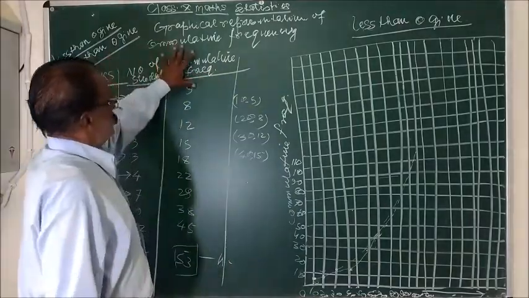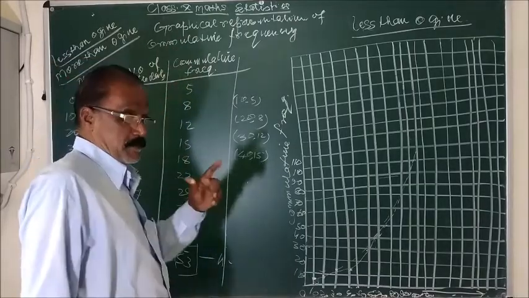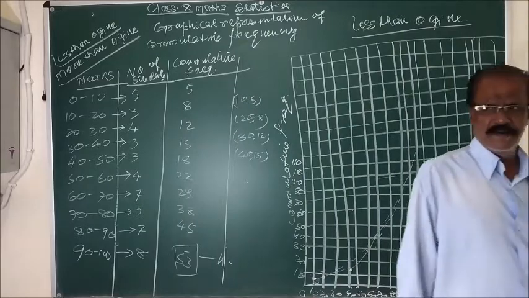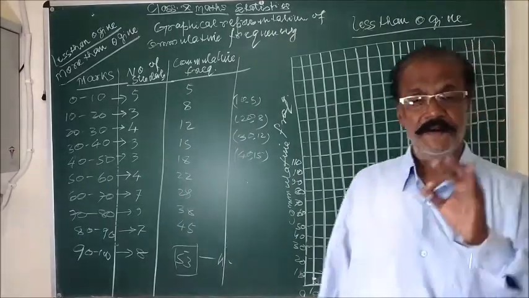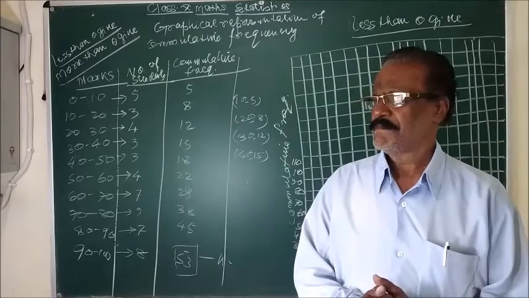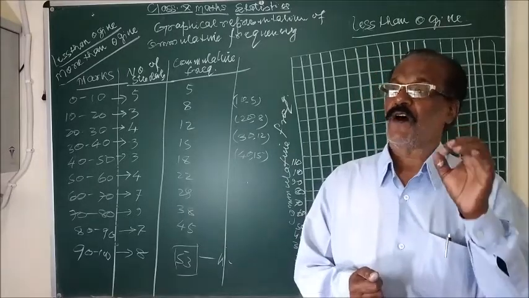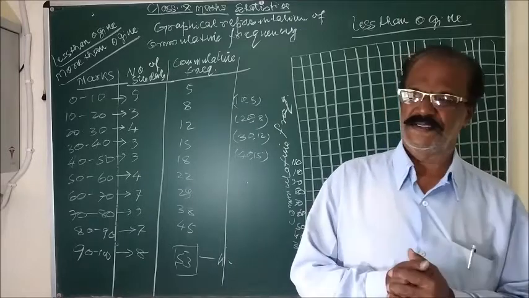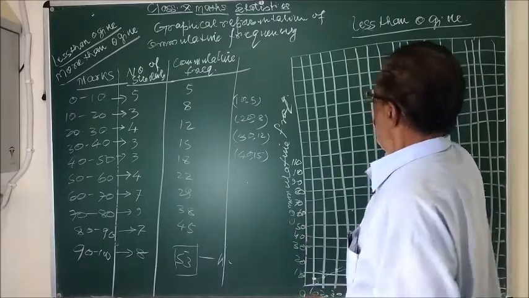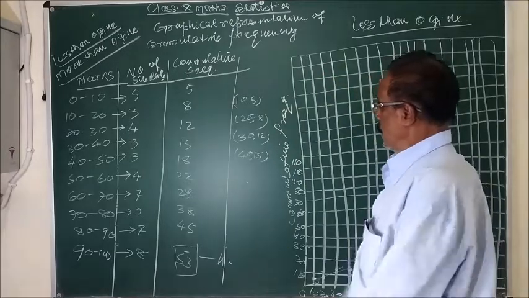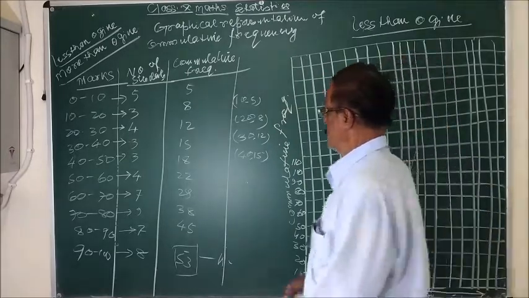So my dear students, the importance of graph, as I have told you, it helps to know about the given data at a glance. And I have already told you, pictures talk more than words. And this is the graphical representation of this cumulative frequency distribution.